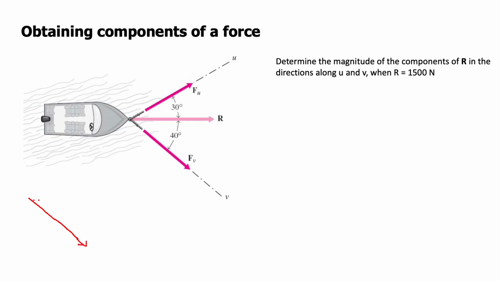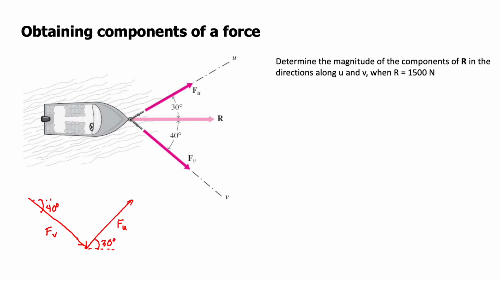Note that this is 40 degrees, and then the next one is Fu. This is Fv, and this is Fu. We will draw it from the tip of Fv. So this is Fu, which is 30 degrees with the horizontal.